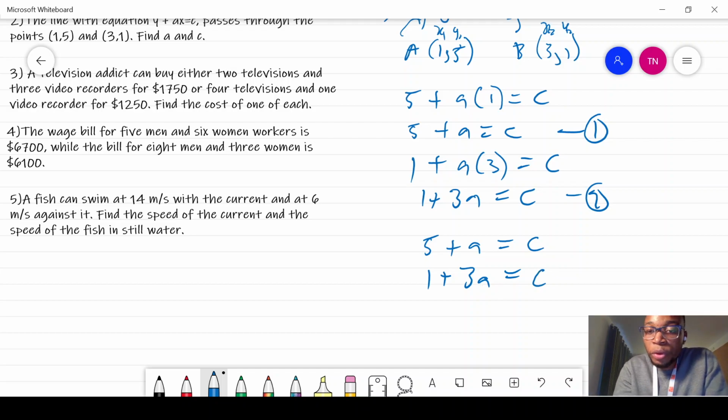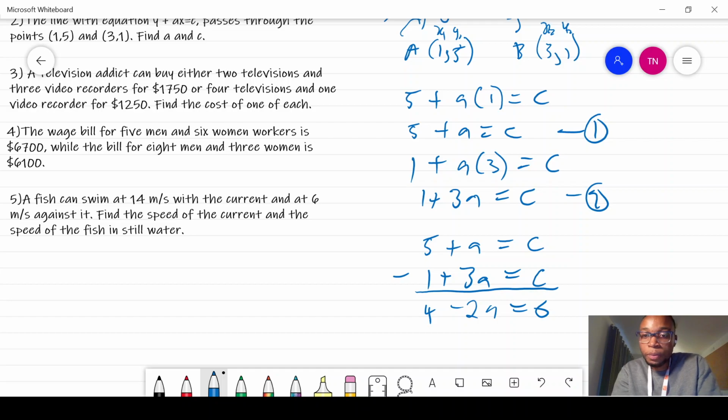I'm just going to subtract the two equations so that we can eliminate c, since the coefficient of c in both equations is the same. So 5 minus 1 is 4, then a minus 3a is minus 2a, equal to 0. So we get 4 minus 2a is equal to 0.